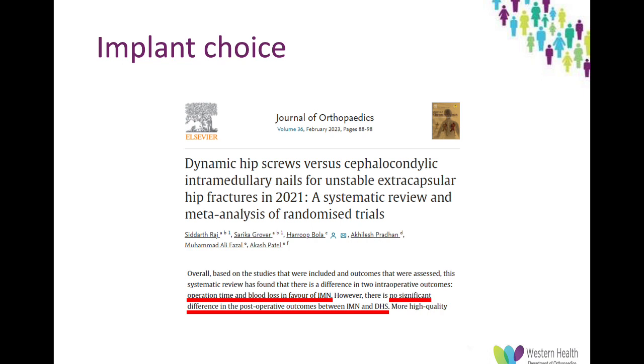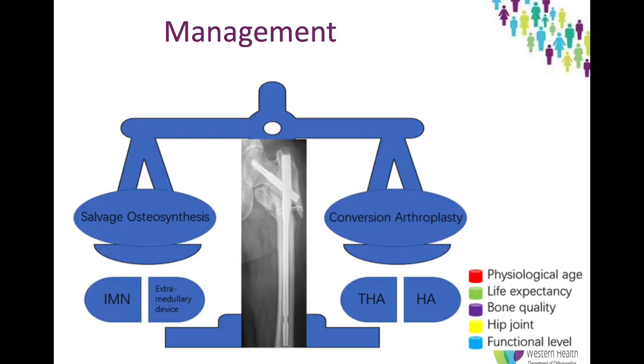However, there was no significant difference in the post-operative outcomes between the two. And in addition to this, we know that intramedullary nails on average cost more than a DHS. So that's also worth considering.